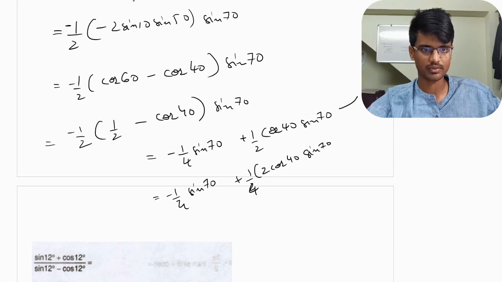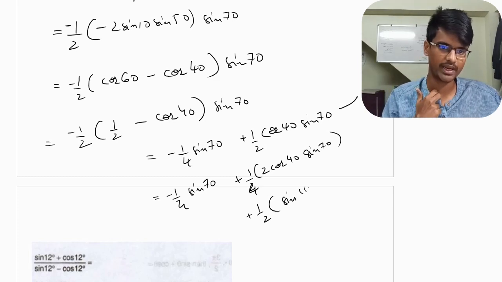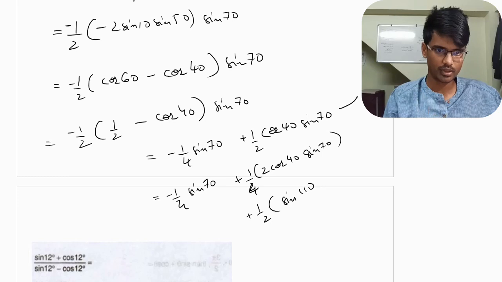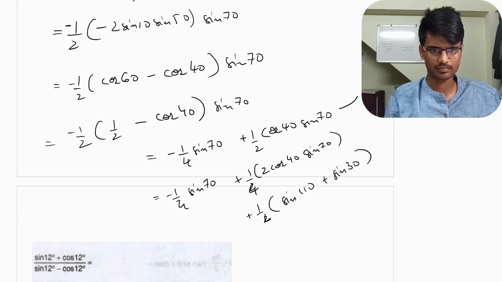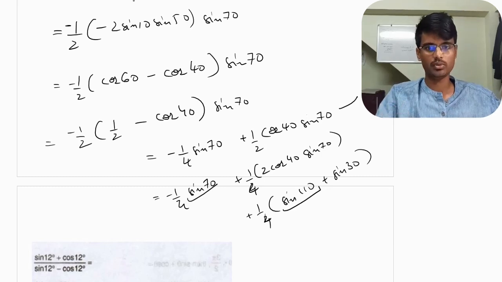Again I'll apply the formula here, plus 1 by 4 sine of 70 plus 40, which is nothing but 110, and plus sine of A minus B, which is 70 minus 40, which is 30. Now just see, sine 110 and sine 70 is same. Why is it same? Just find that out. That is a homework.